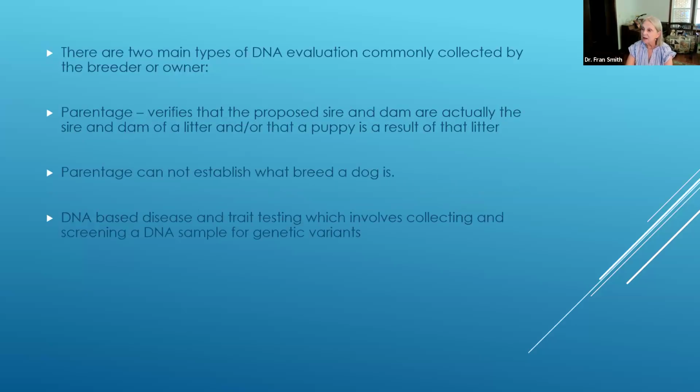There are two main types of DNA evaluation commonly collected by breeders and owners. Parentage, that verifies that the proposed sire and dam are actually the sire and dam of a litter, and/or that a puppy is a result of that litter. I just had an email from someone who purchased a Labrador puppy, and they questioned whether the Labrador is actually a Labrador.